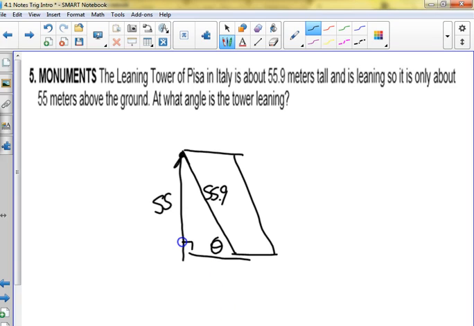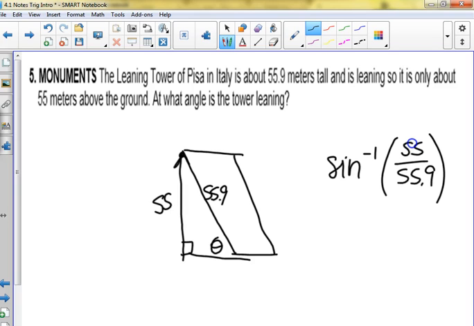So what function are we going to use? Opposite and hypotenuse, and we're looking for an angle, opposite over hypotenuse. Those are some bad fives there, Hofbauer. Looking like S's.